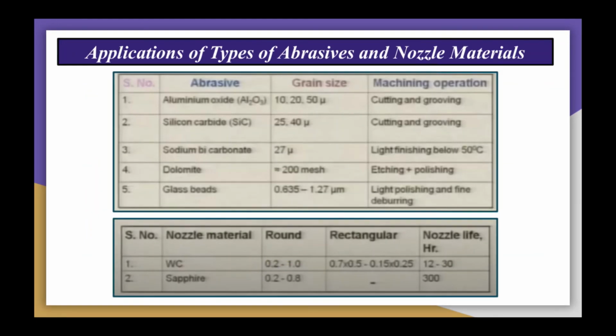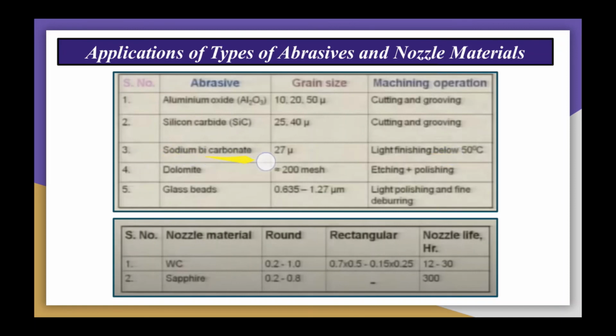Now you can see here the applications of various types of abrasives and the nozzle materials. Aluminum oxide grain sizes used are 10, 20, 50 micron, and this is good for cutting and engraving purposes. Then silicon carbide, normally grain size 25 micron to 40 micron, is good for cutting again.